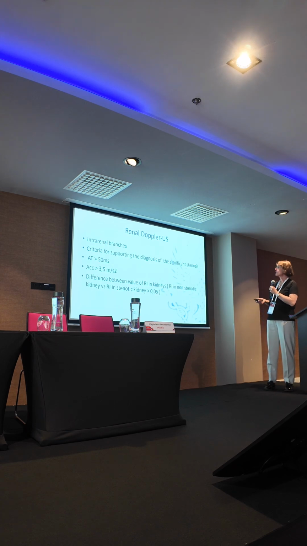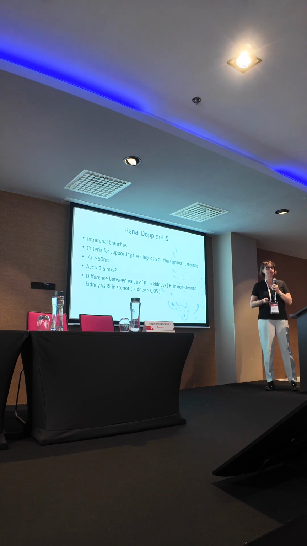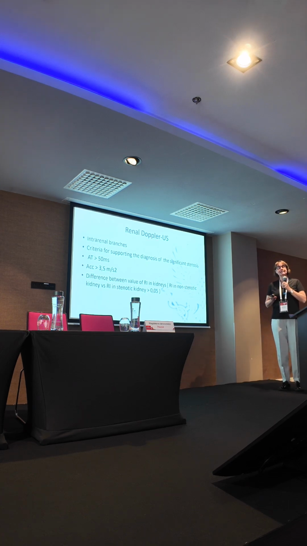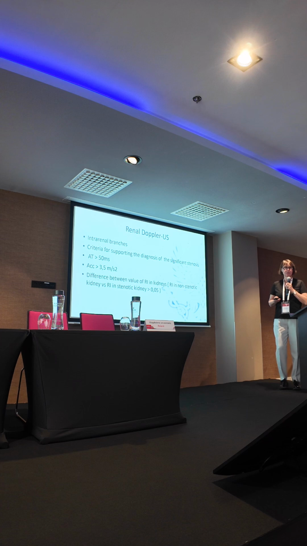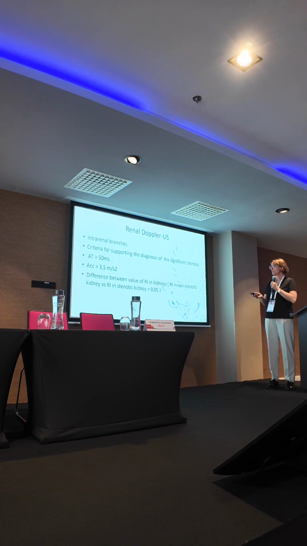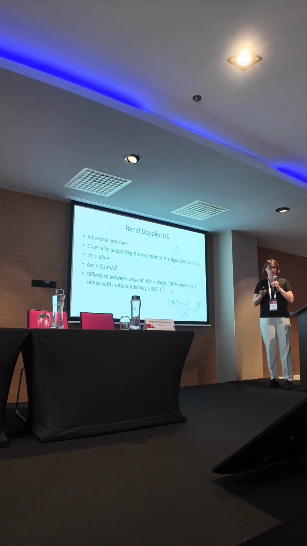And in intrarenal branches, what is very important is acceleration time. When the acceleration time is higher than 50 milliseconds, we may expect stenosis. Acceleration is not what we use very often. The time is basic. But what is important is the presence of what we call pulsus tardus.